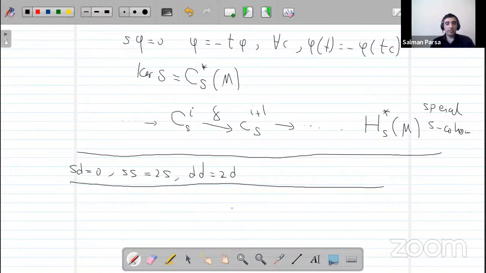And now there is a very important relation: if you look at the kernel of, let's say, D i, your i-dimensional D cochains, this is actually equal to the image of S in dimension i.